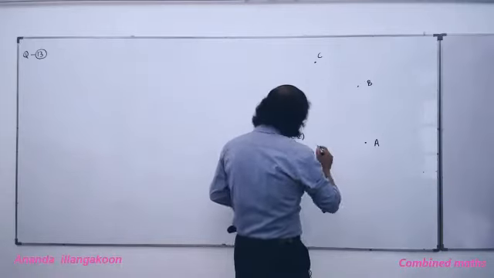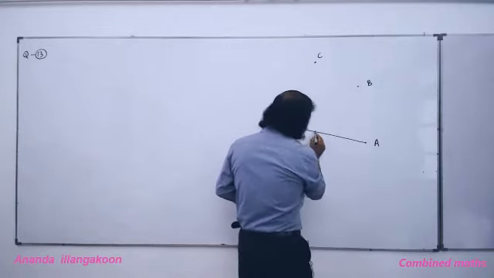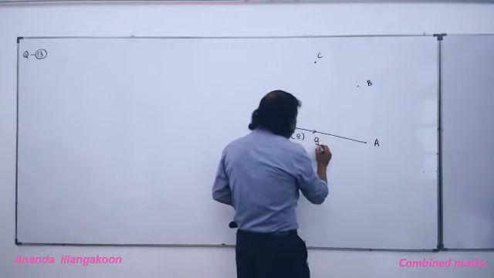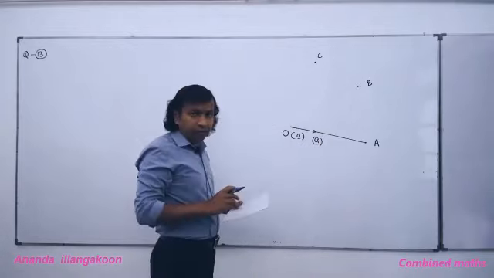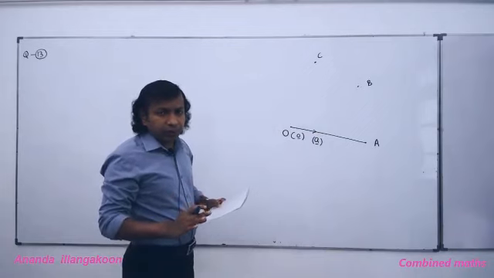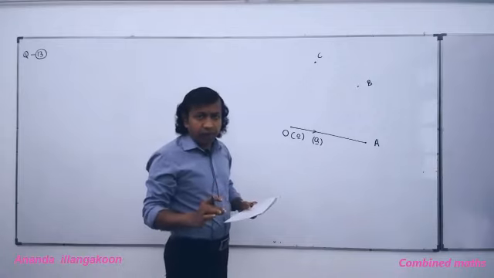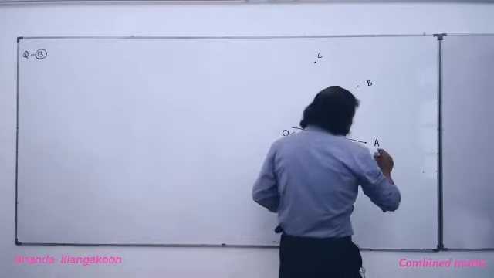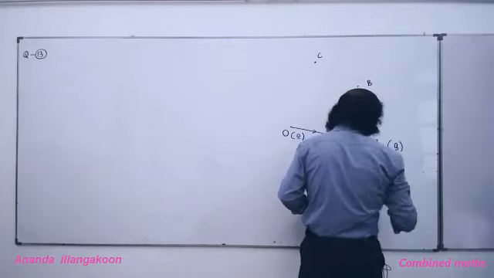Point capital A has the position vector simple A. So this OA vector is simple A. This OA vector we call the position vector of A. Sometimes we write that position vector near the point capital A for our convenience.